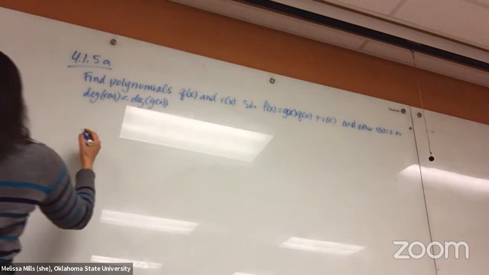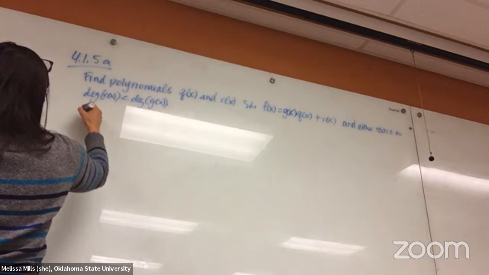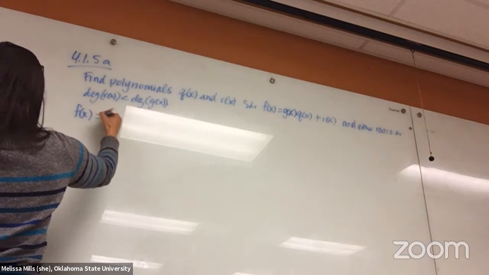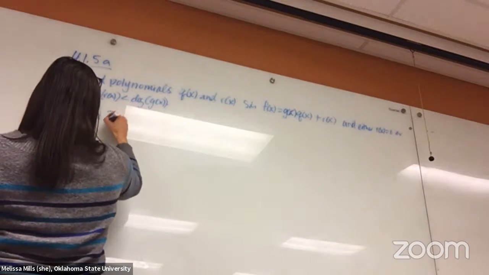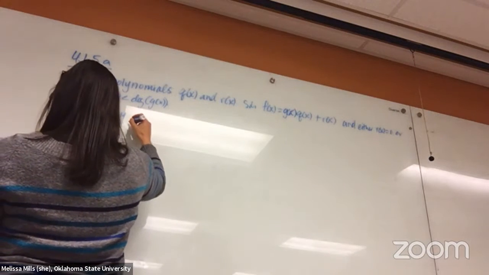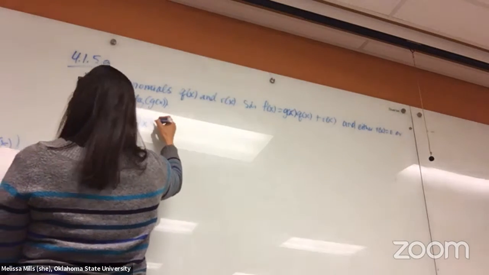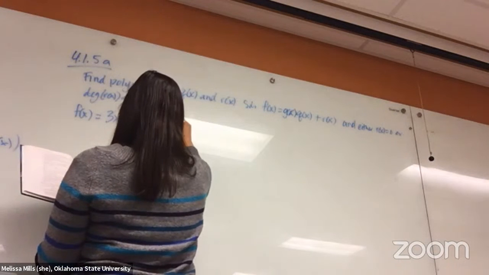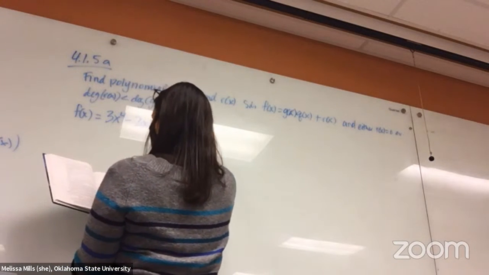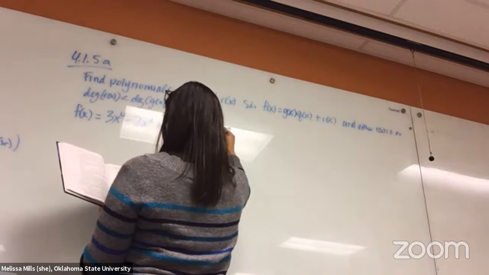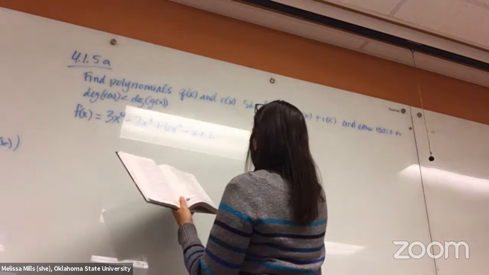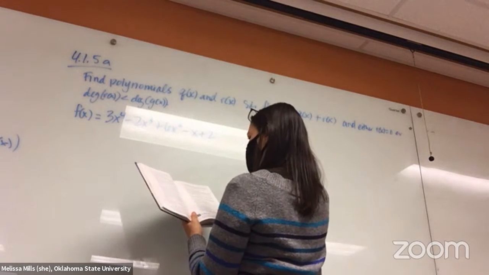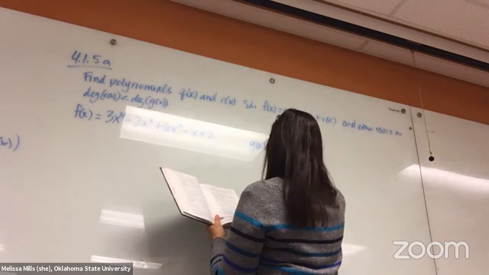The first one gives you that F of X is equal to 3x to the 4th minus 2x cubed plus 6x squared minus x plus 2, and G of X is x squared plus x plus 1.